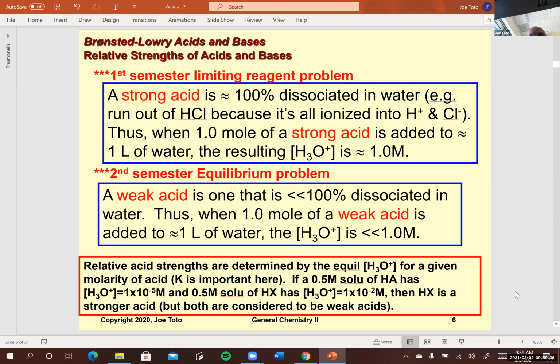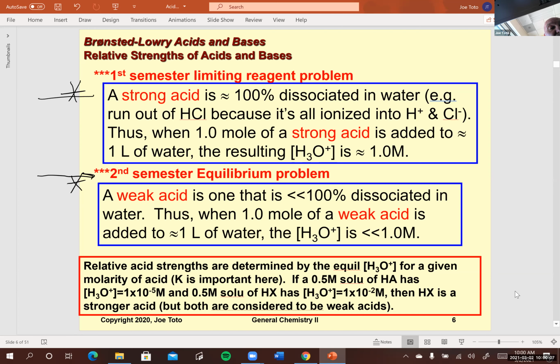So that's one thing that you are going to have to sort out and recognize: when you're dealing with a Chem 200 problem versus a Chem 201 problem, which you're going to need to realize deals with equilibrium, and you're probably going to have to think about equilibrium constants and ICE tables to sort that one out.